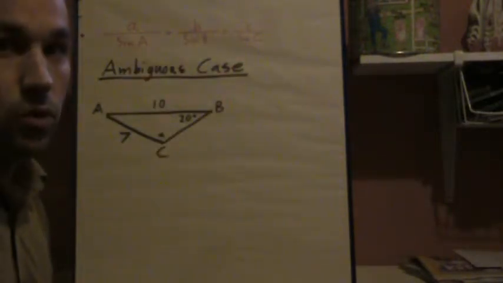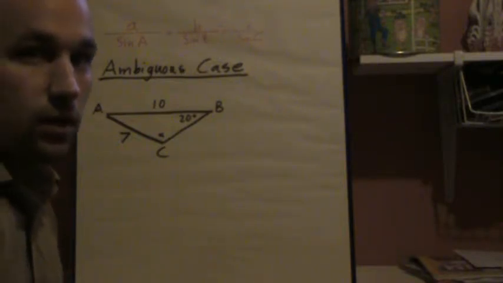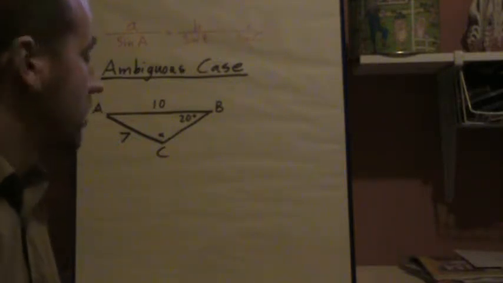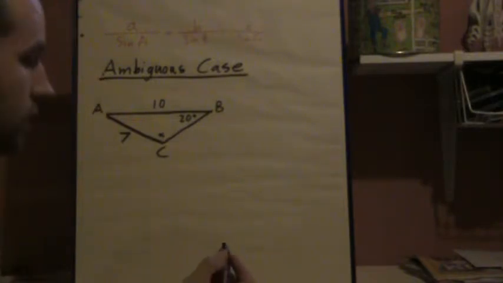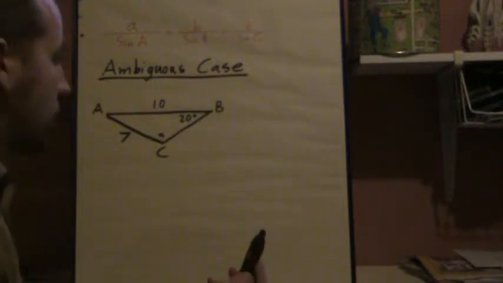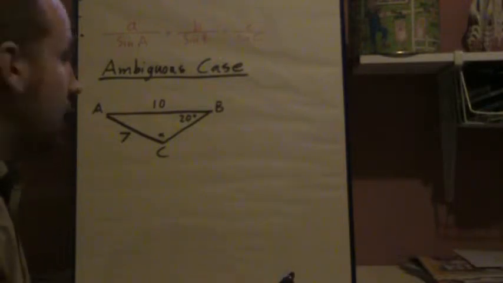So we're going to apply the sine rule as per usual, and then you'll see where this ambiguous case comes from. Okay. So let's do our normal sine law here. I look for the side where I know both the angle and the side length.